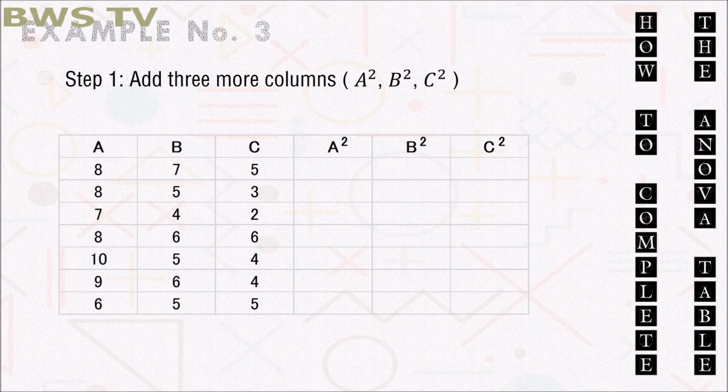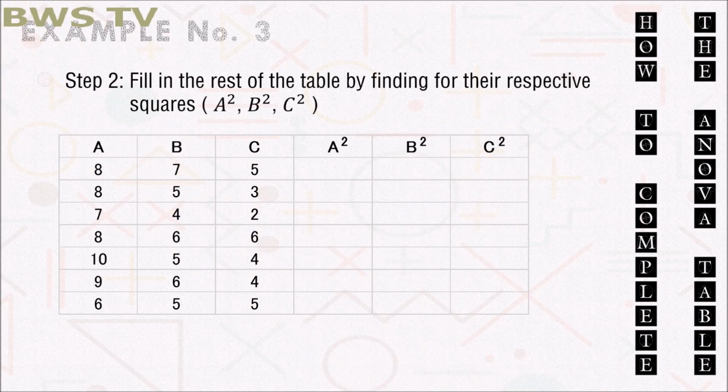So let's start with step 1 in completing the table. Step 1. Add 3 more columns. Step 2. Fill in the rest of the table by finding the respective squares.